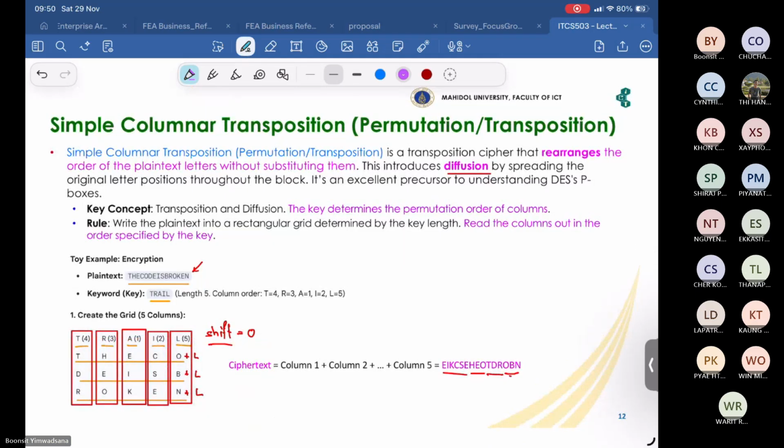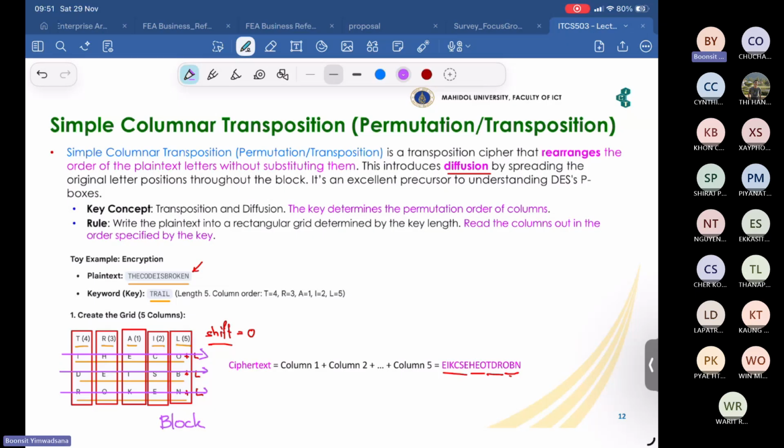Another method is to create a table, a two-dimensional table. We can send the message. The code is broken. Read in this direction. And as you can see, if we put this into a block, anything inside this block will be sent, but we don't send it along each row.